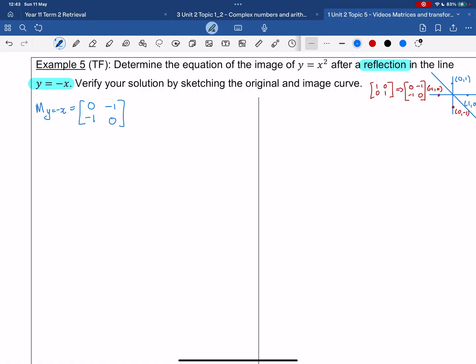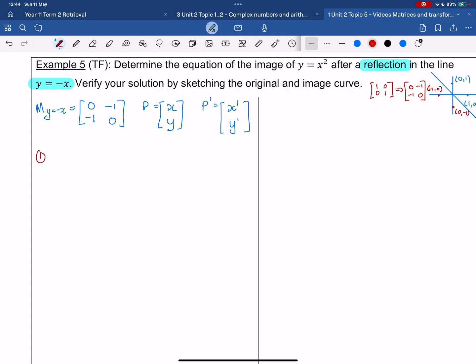We also know that our original points on our original function will be x and y, and our image function, our P prime, will be x primed and y primed. Now, remember that with a linear transformation, we've got matrix multiplication.